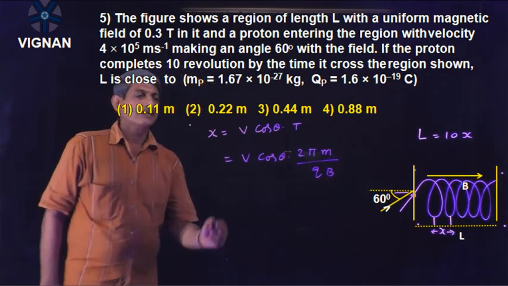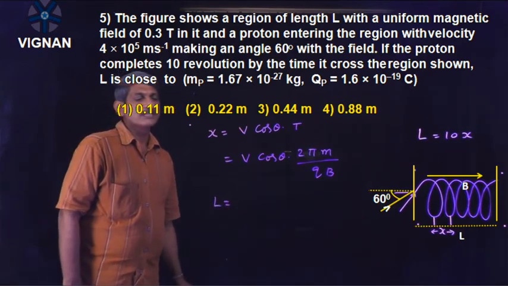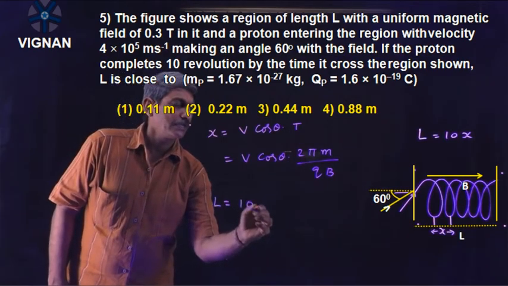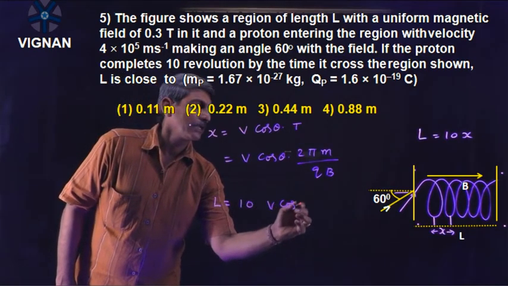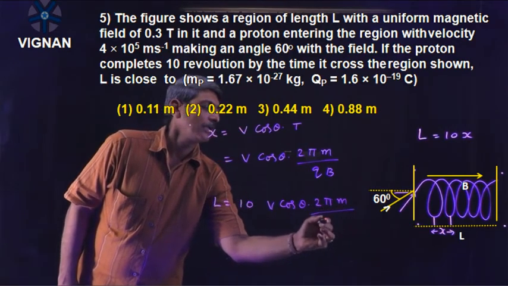From this, the length of the region containing the magnetic field is given by L is equal to 10x, that is equal to 10 v cos theta into 2 pi m divided by qB.